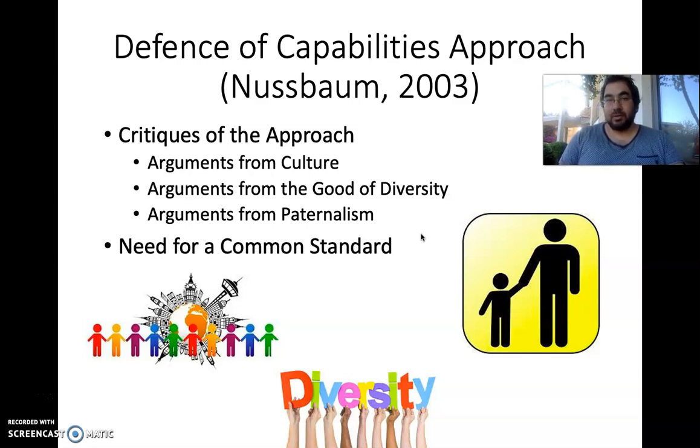But Nussbaum also talks about how paternalism already exists in societies, and certain people claim what is right and what is wrong for other members of the society.